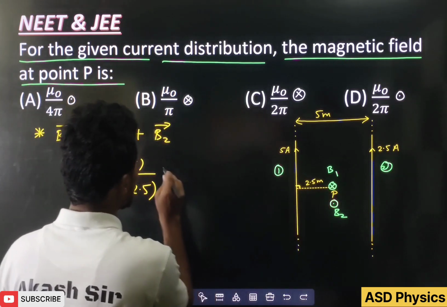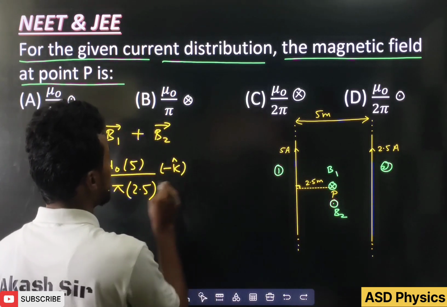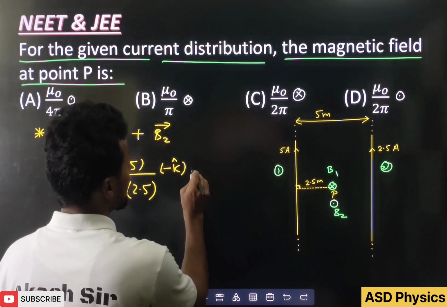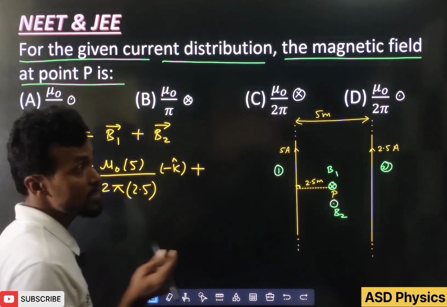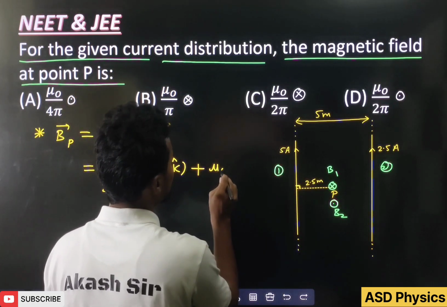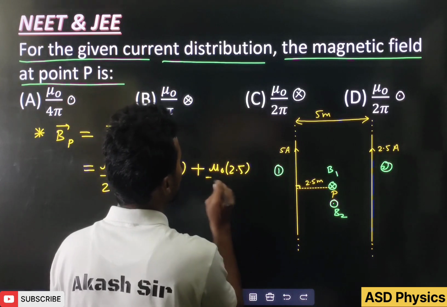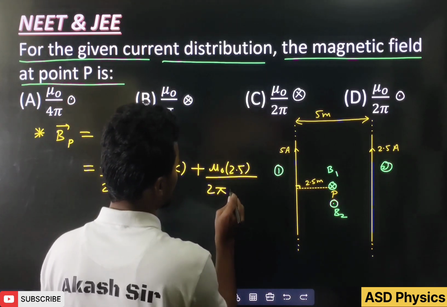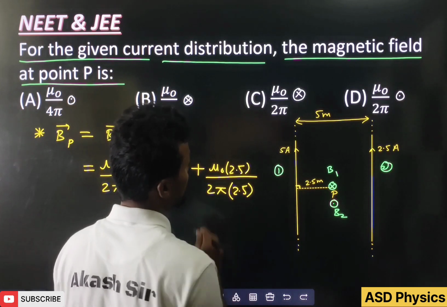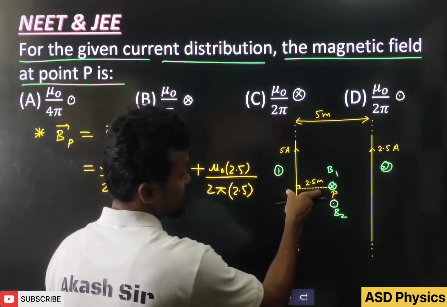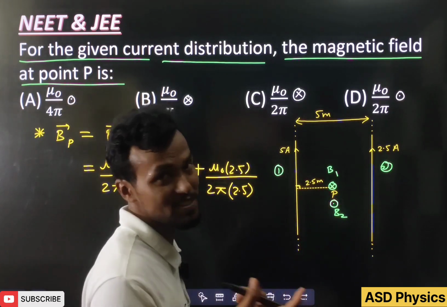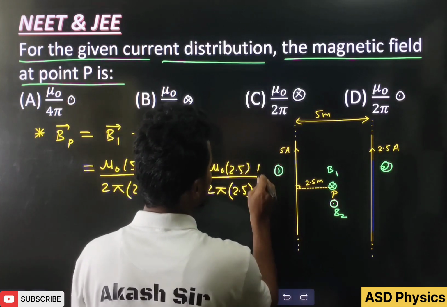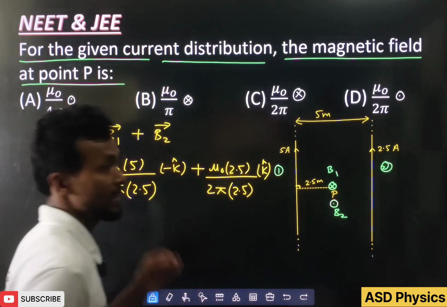In which direction? Inside. That means I'll write minus K cap here. Correct? Because it is inside. Plus B2, due to wire 2. Again mu naught, and here 2.5, by 2 pi, infinite wire. And again here how much is this? 2.5, because this distance is 2.5, total is 5, so this is also 2.5 only, and this is outside, that means I'll write K cap.